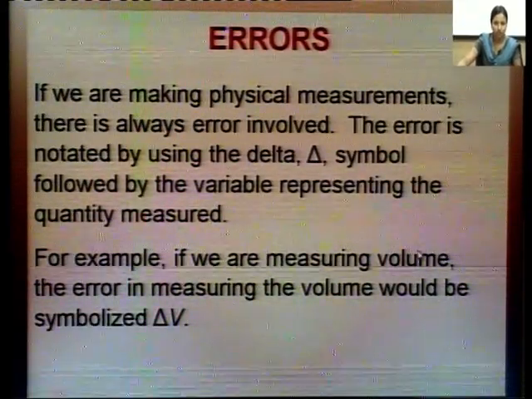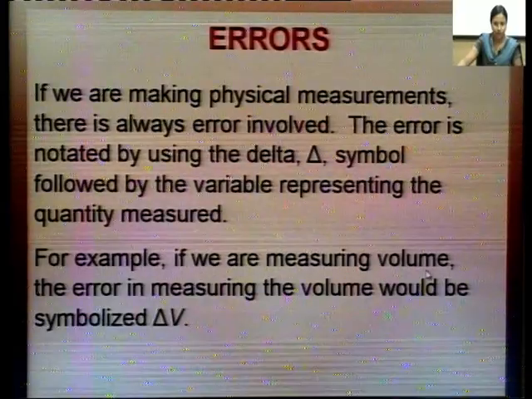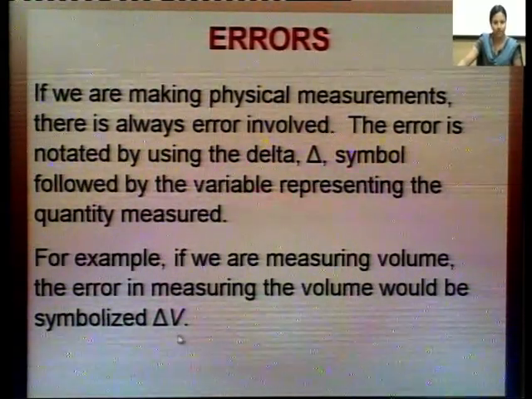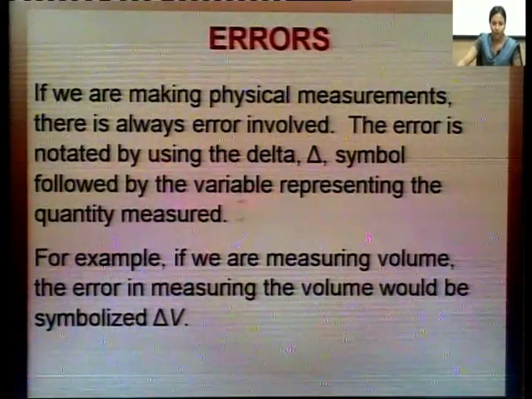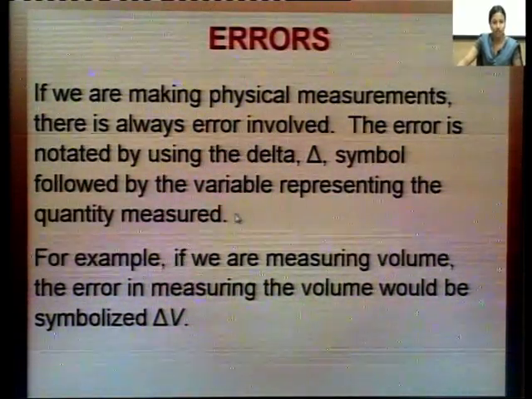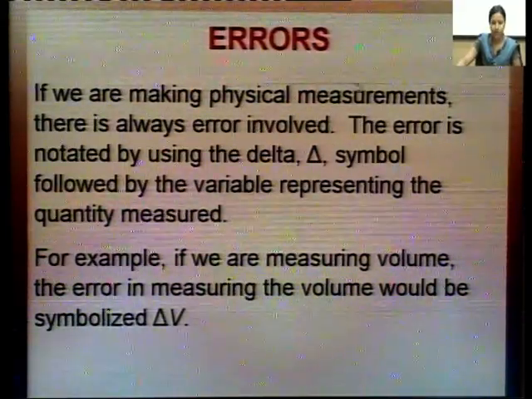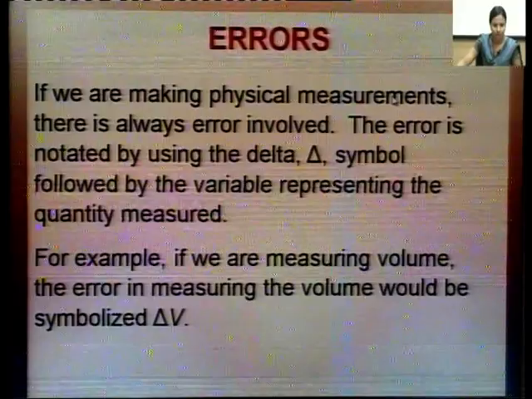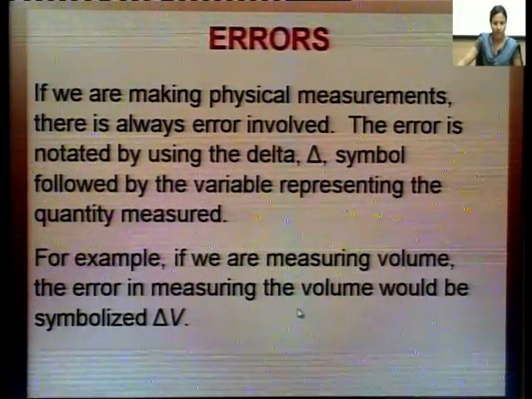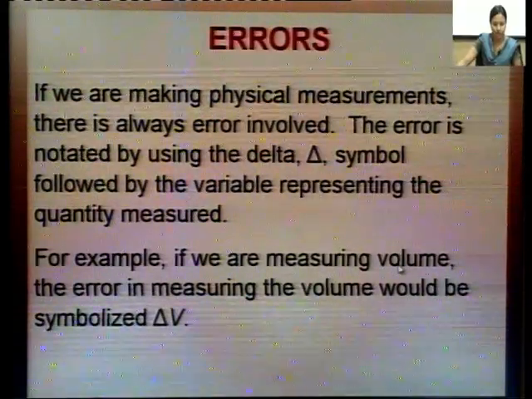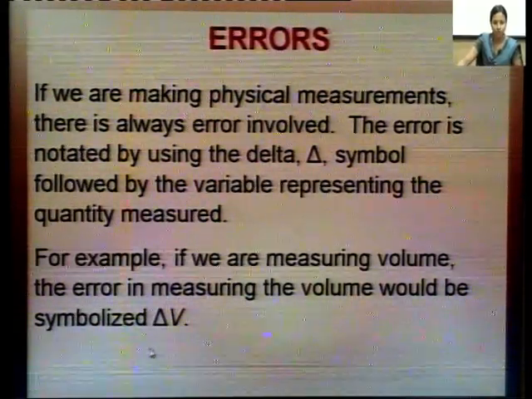If we are measuring the volume, then the error in the volume is delta V. The main point of this slide is that error is always there when we are measuring a physical quantity.